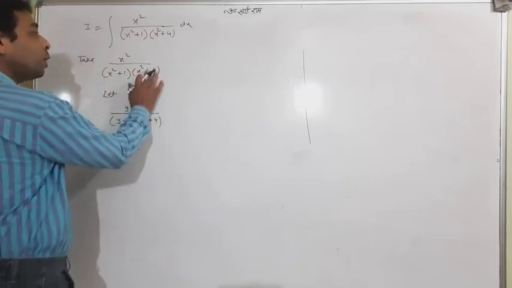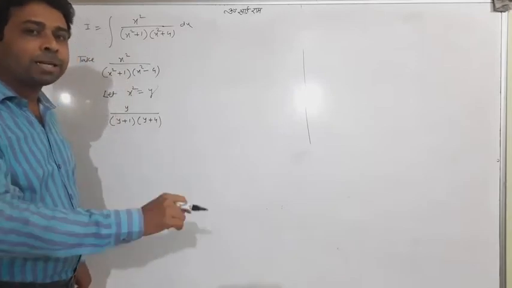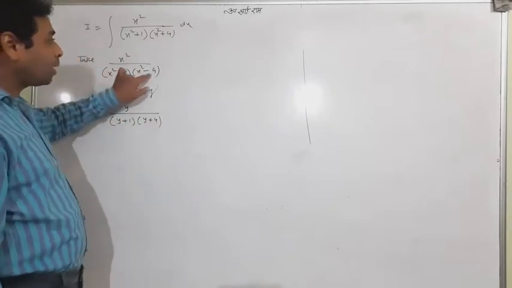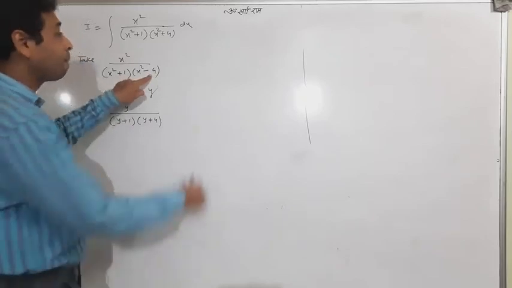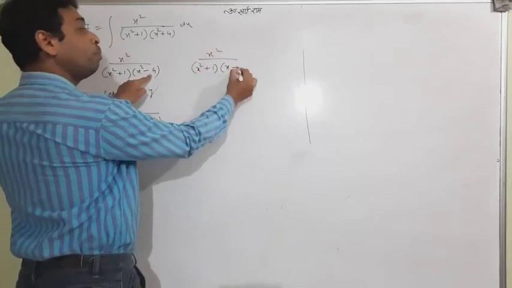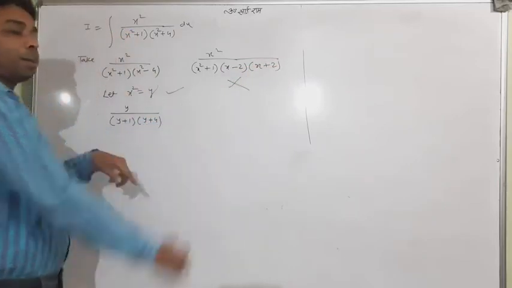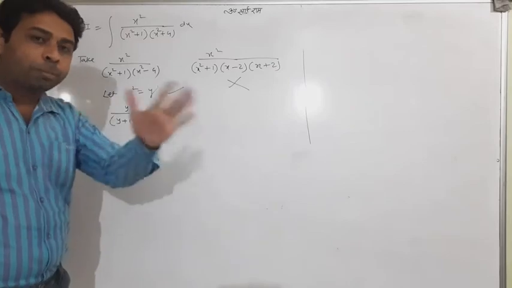If it were x square minus 4, I am sorry to say, but x square minus 4 can be separated into two terms, like x minus 2, x plus 2. And at that time I am helpless to take this one.